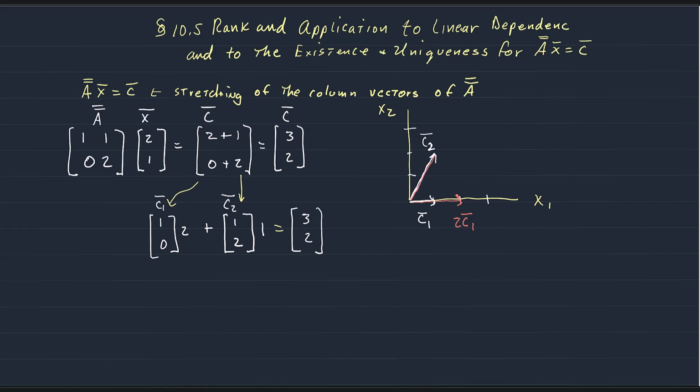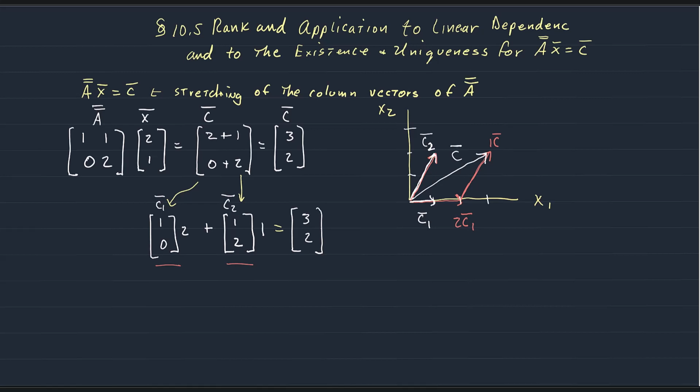So in this case, the product of x times column 2 is just itself. Then we add column 1 plus column 2. When we do that, we put 1 times column 2 at the head of 2 times column 1, and the result is our C vector.